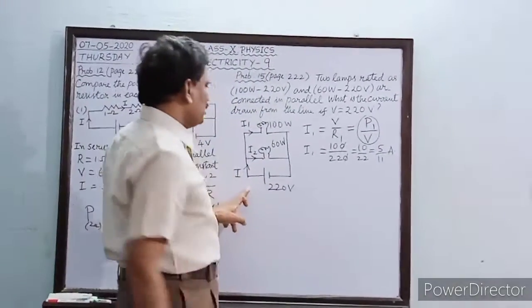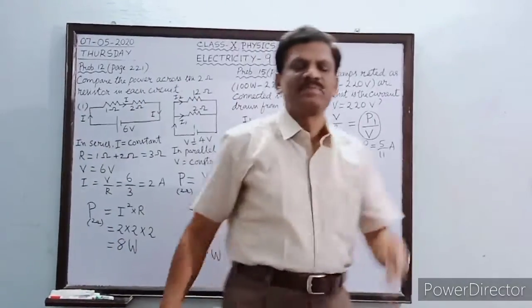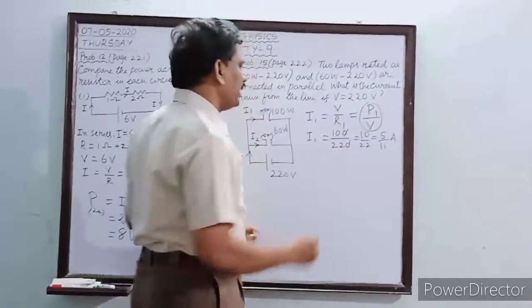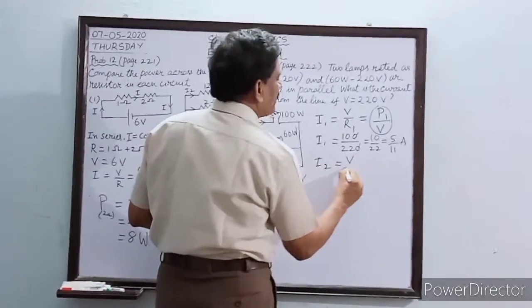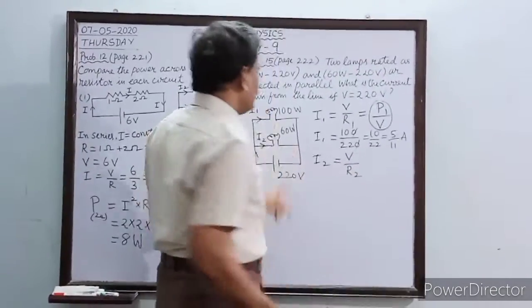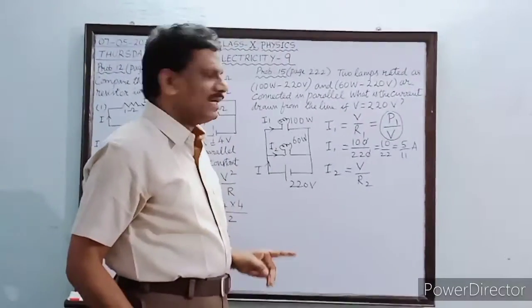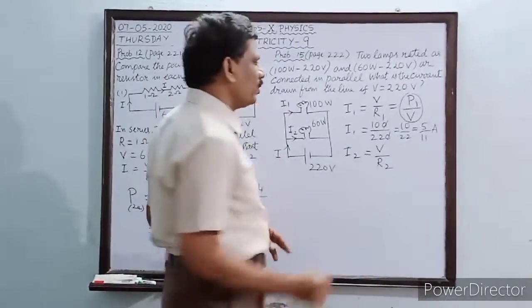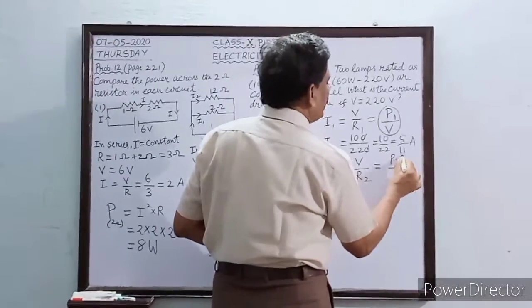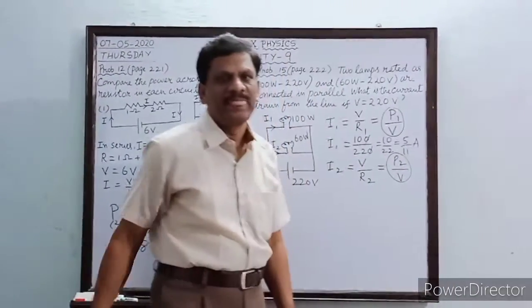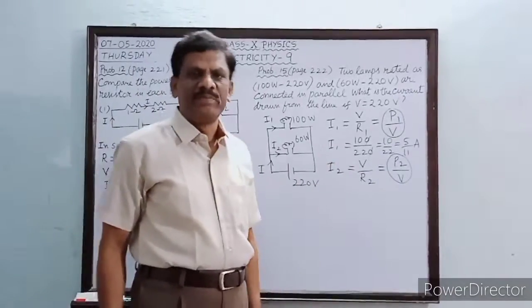Now anyone, you tell me, what is the expression for I2? Both expressions you tell me. Yes, what is I2 equal to? Yes, potential difference V divided by R2. But since the resistance is not given, the formula we can substitute is I2 equal to P2 divided by V. So this is the expression we require. I told you, remember both always.